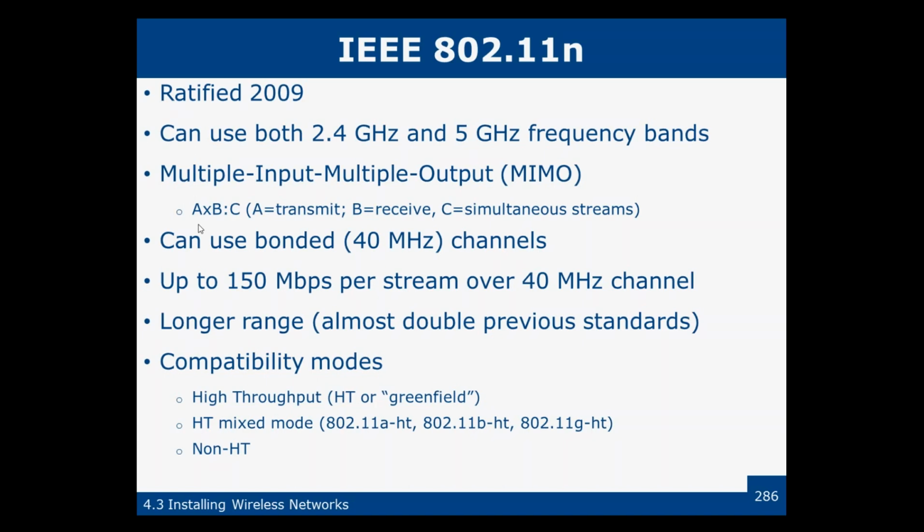It can use channel bonding, and these are 40 megahertz, which means that we're putting two of the individual channels together. So we can go up to 40 megahertz on these things, up to 150 megabits per stream over the 40 megahertz channel. It does have a longer range.